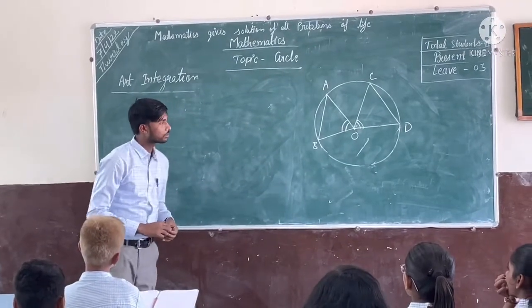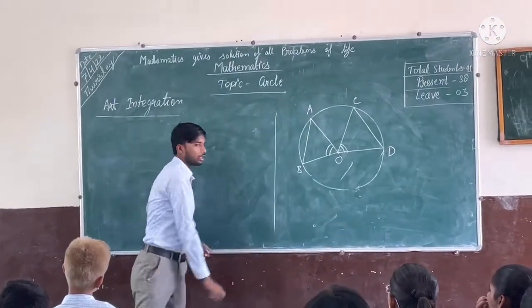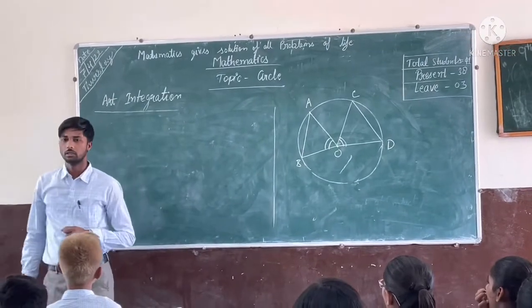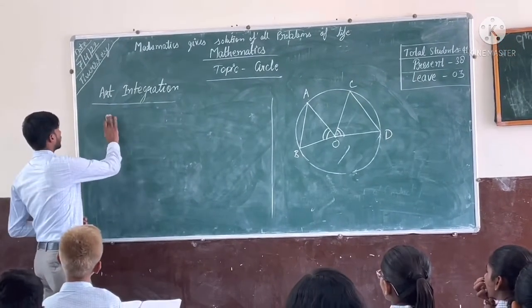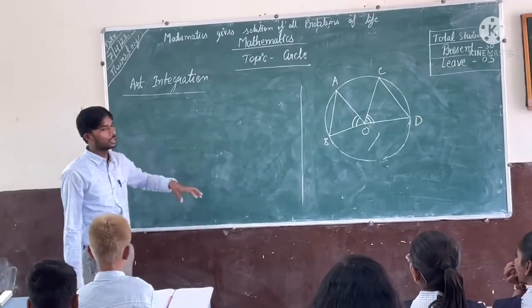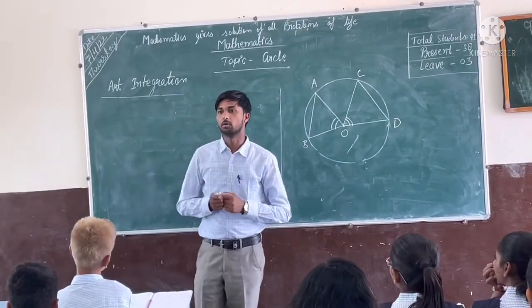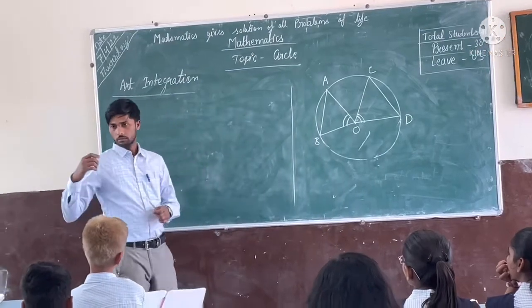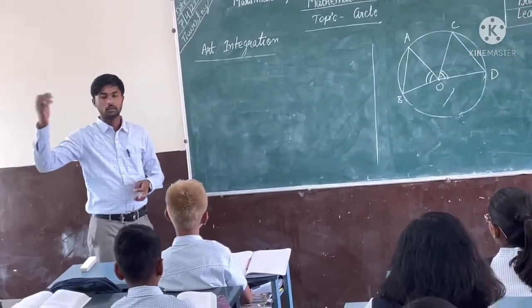Now coming to the next, what we have learned in this topic today. If I ask you, what are some basic concepts that we have explained in this class and you grasped properly? Yes, Mayur, stand up.